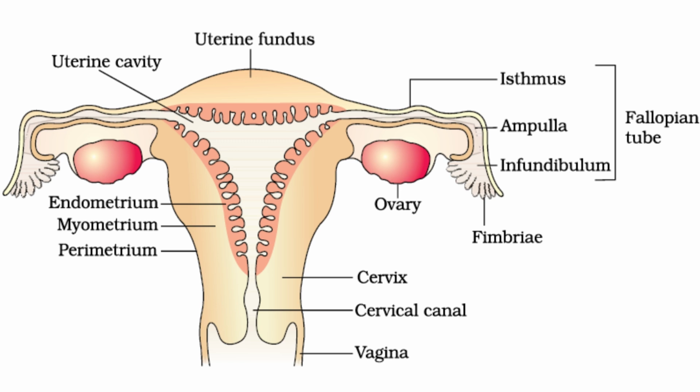As you know, hands are used for grabbing something, so fimbriae are also used for grabbing the ovum from the ovary. The infundibulum leads to a wider part of the oviduct called the ampulla. The last part of the oviduct is the isthmus, which has a narrow lumen and joins the uterus. Now you can see the diagram and we are proceeding further.